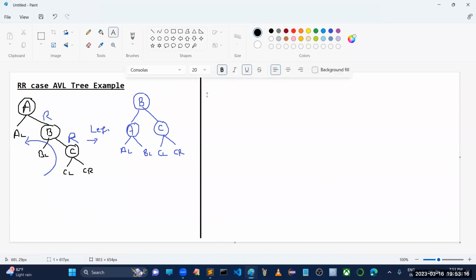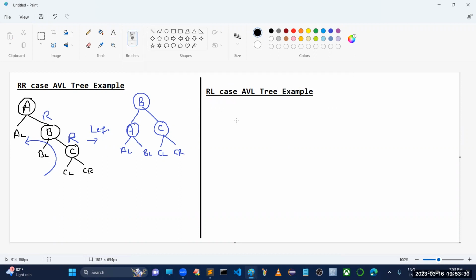Now I need to go with the next case. What is the next case here? RL case, AVL tree example. How can you take this RL case? Sir, very simple. Consider here A is the root node. For this, AL will become the left subtree.